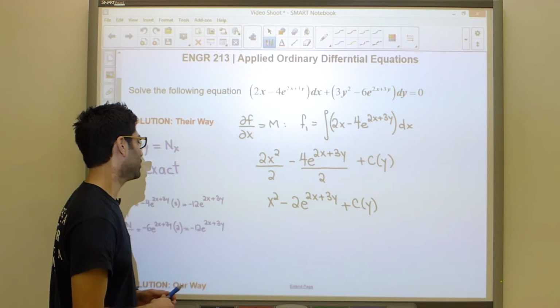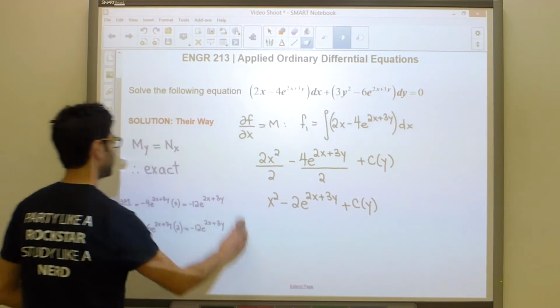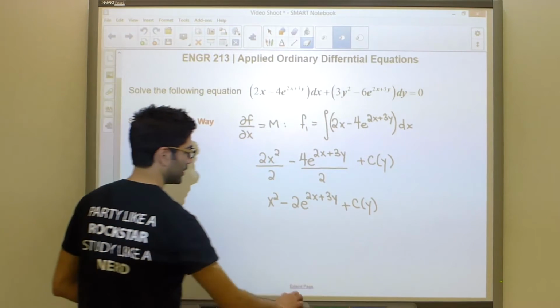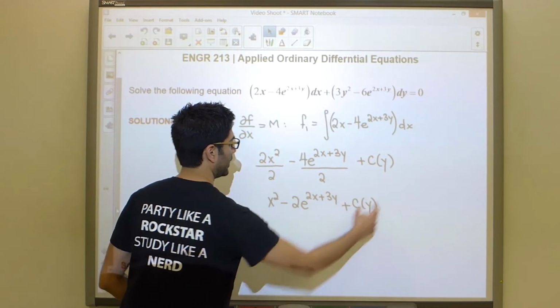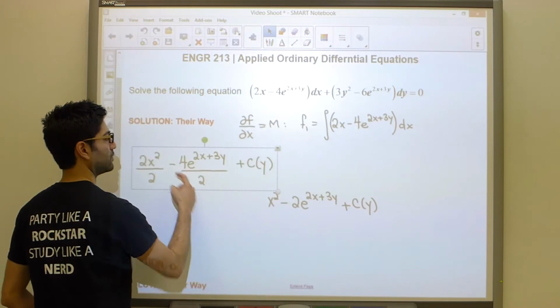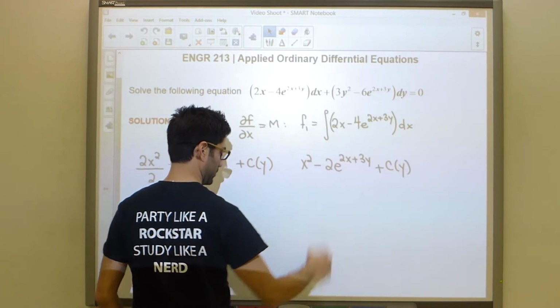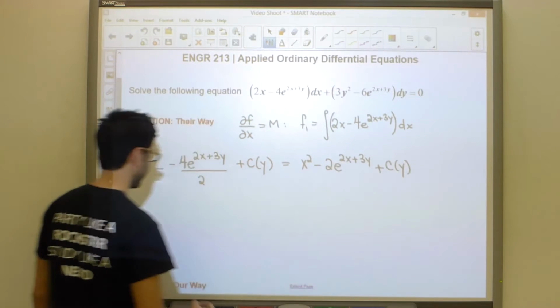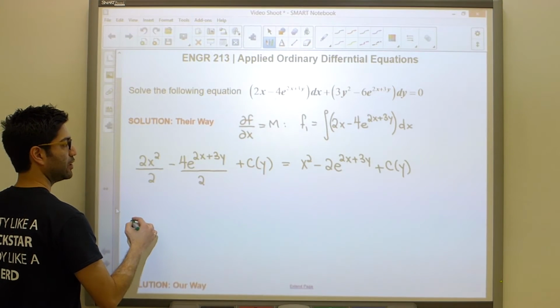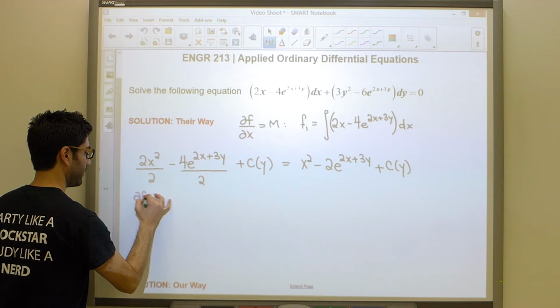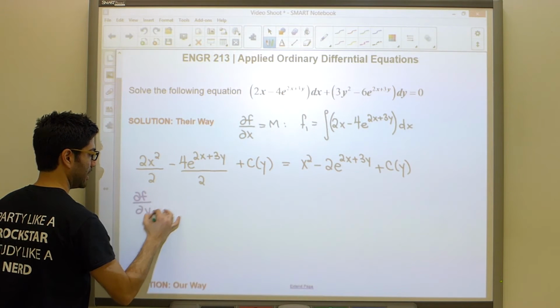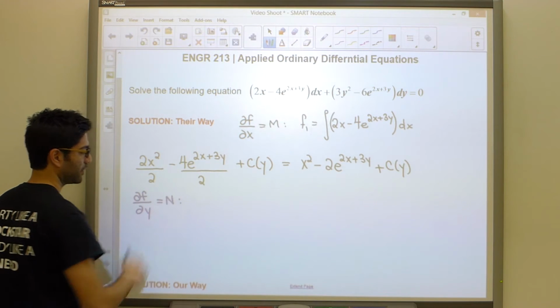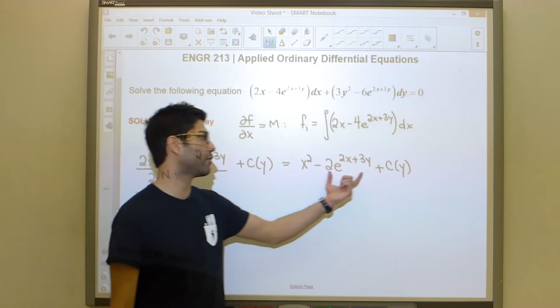Now the next step of the process is to take df/dy and make it equal to N. Currently, this is what we have for f.